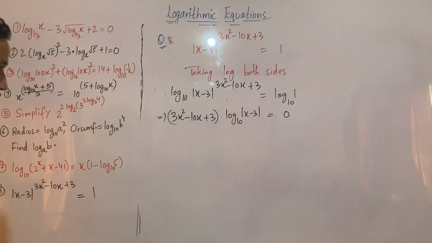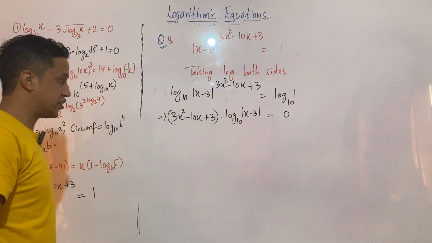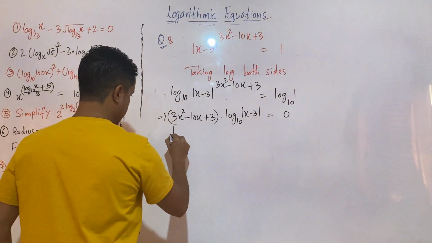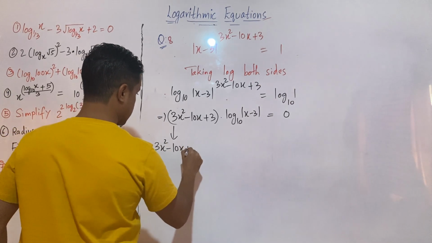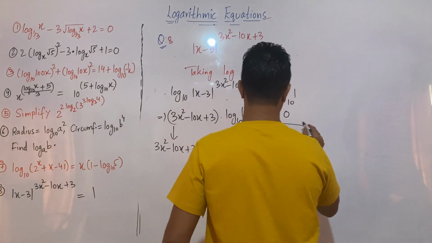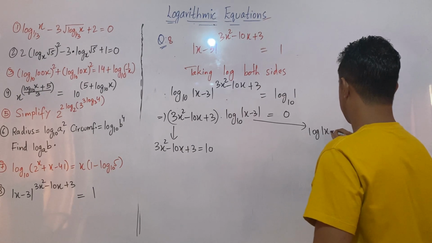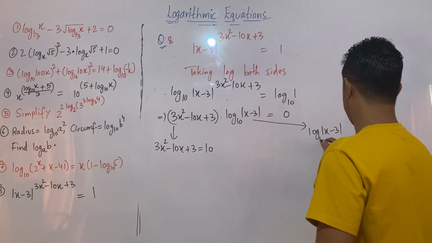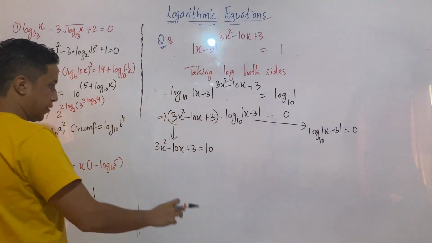Now I have two things, so either this is 0 or this is 0. If this is 0, then 3x squared minus 10x plus 3 is equal to 0. If this is 0, then log of modulus x minus 3 base 10 is equal to 0.